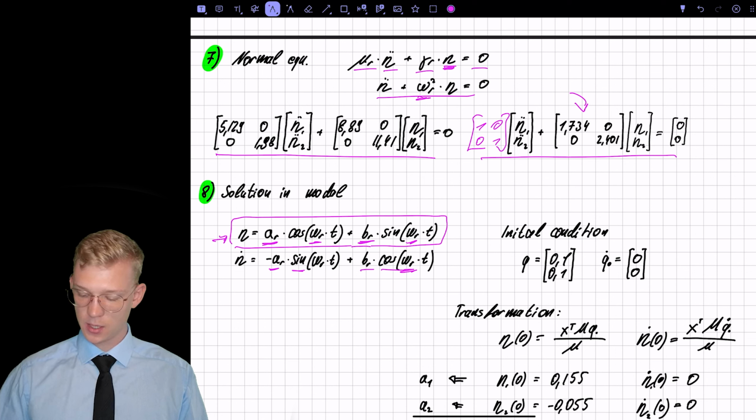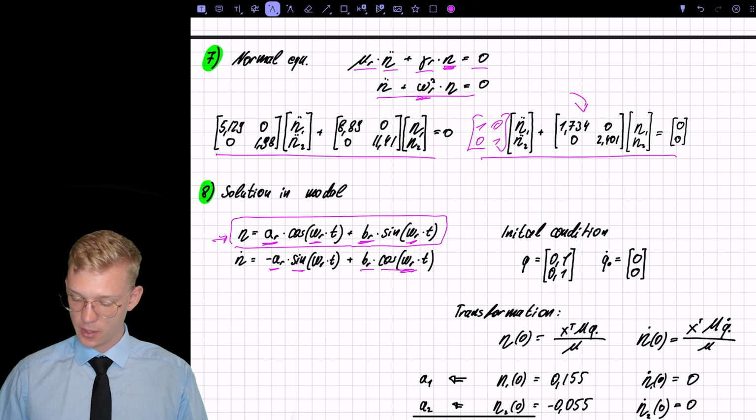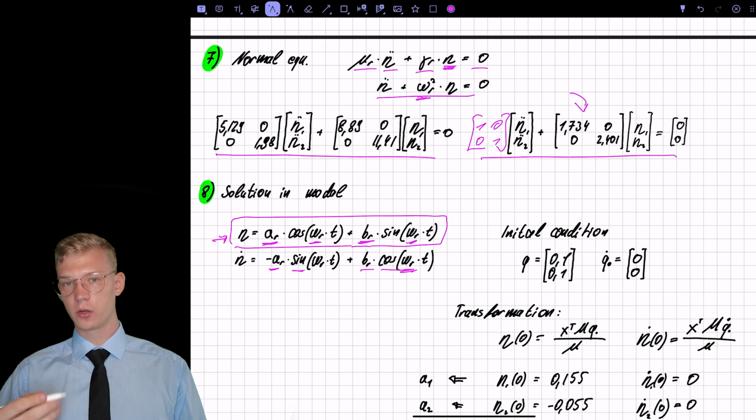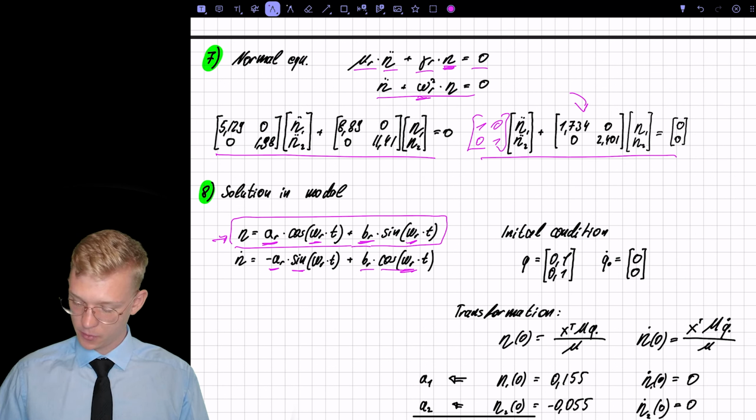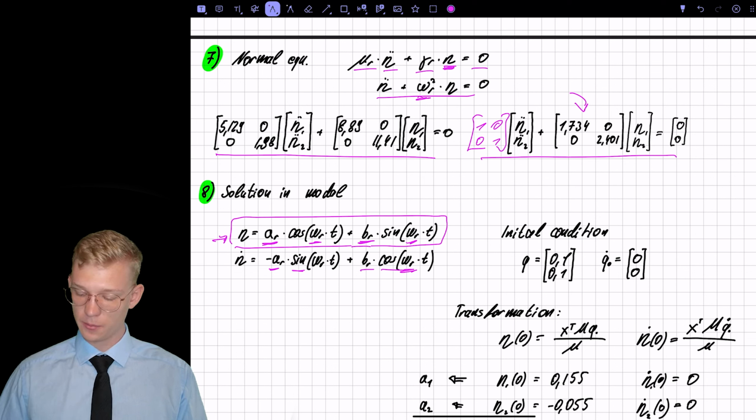If we do the same thing for eta dot, we pre-multiply M, pre-multiply x_r, so either x1 or x2, and here we have q dot, so this is our 0, divided by the modal mass. We get eta 1 dot is equal to 0, and eta 2 dot is equal to 0. So we already know that b1 and b2 are equal to 0.